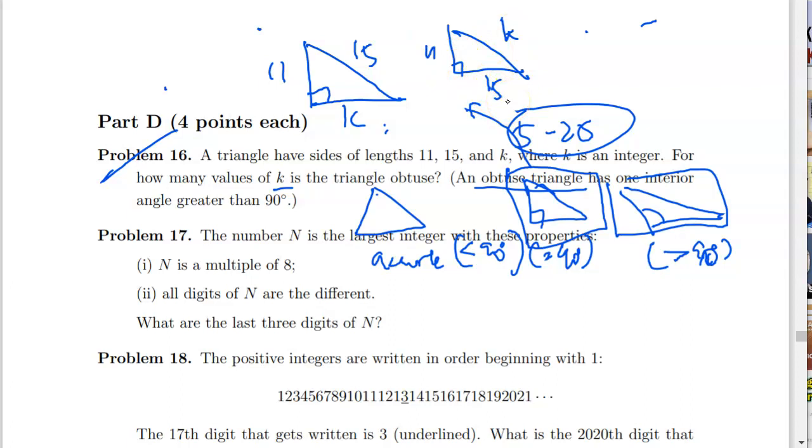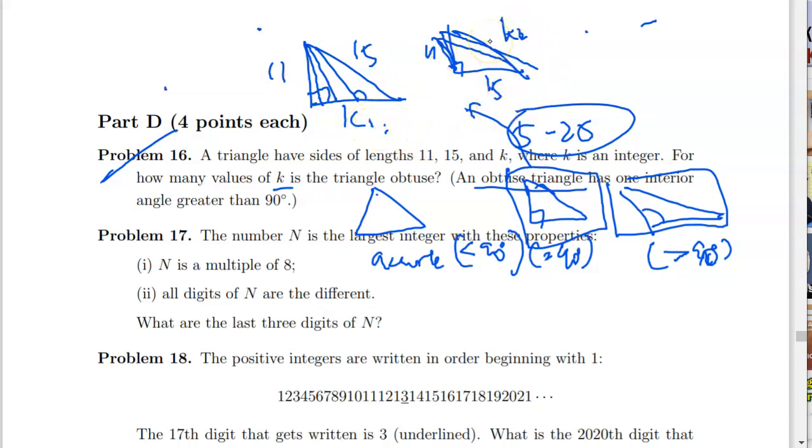Because we just said that k can range anywhere from 5 to 25, if we cut k a little bit shorter, we will see that there will be an obtuse triangle forming. And in this right triangle, if we extend k a little bit longer, with this one still 11, we'll also see obtuse triangles forming. So we need to find these two k's.